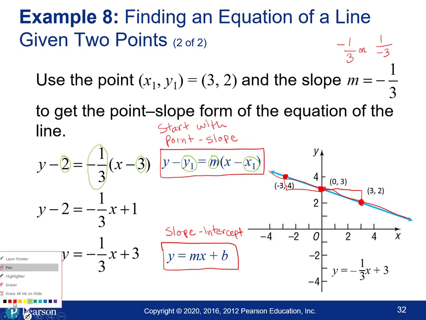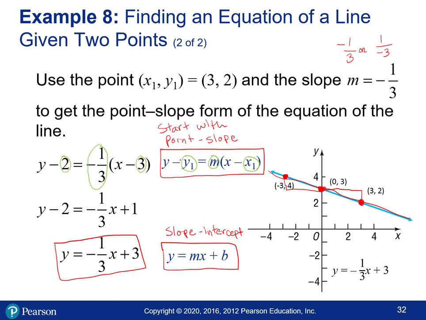And then after we simplify, then we have our slope-intercept form. So it's usually a lot easier to start here and then simplify to get to the slope-intercept form. So in this one, just real quick, you simplify by distributing negative 1/3, and then if you add 2 to both sides, that's where that 3 plus 3 came from.